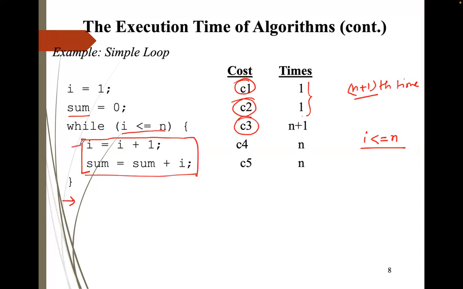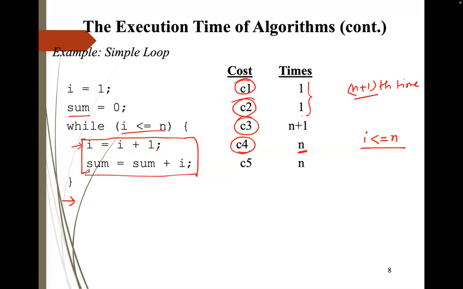Here we have one instruction, i equals i plus 1. We are updating our loop variable, otherwise it is going to create an infinite loop. Let's say this instruction has a fixed cost C4, and it will run n times.